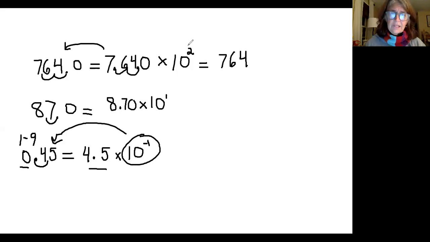But when you're putting a number into scientific notation, you start with creating that one digit in front of the decimal, and then figure out what it is that you need to do to get back to your original number. If you have to go this way, it's positive. If you have to go this way to the right, positive. But if you have to go back, it's negative. Okay? It's the opposite. Okay.